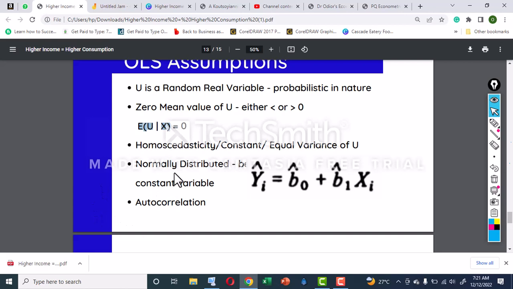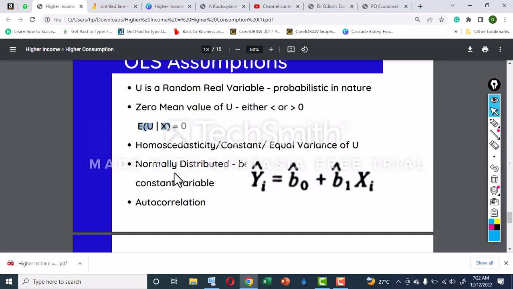homoscedasticity. This simply means constant variance. What is the meaning of variance? Variance means spread. It just means equal spread, constant spread. That's what homoscedasticity means, and the opposite is heteroscedasticity. Now what is this trying to say? There should be a constant variance for your mu.